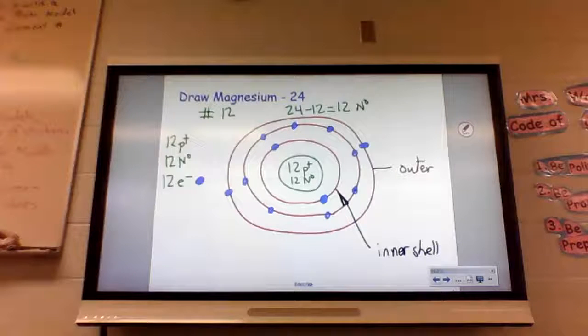Neutrons. I'm pretty sure it's 32. Yeah, look at that. Do 34 minus 16.